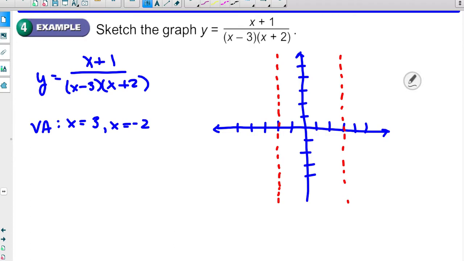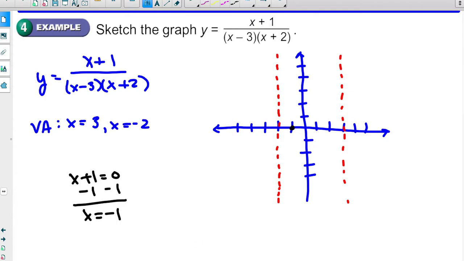Now I need to figure out what's going on. This x plus 1, we could set that equal to 0, and I have x is negative 1. So when x is negative 1, I know that my y value is going to be 0. But that's all I know right now.